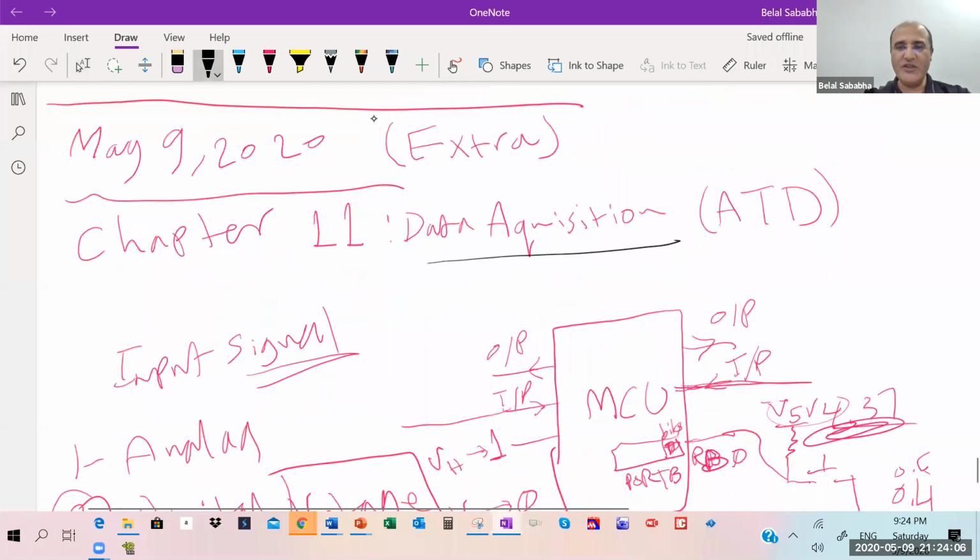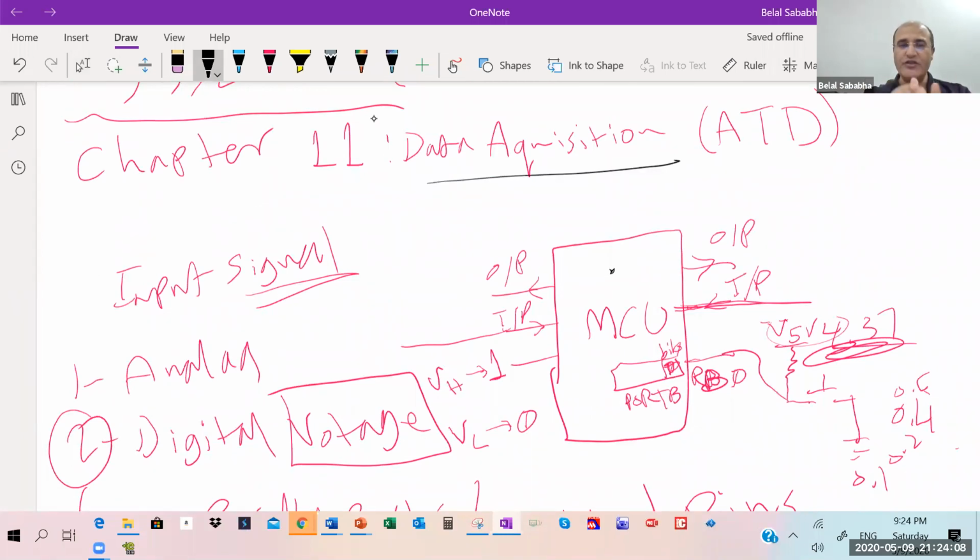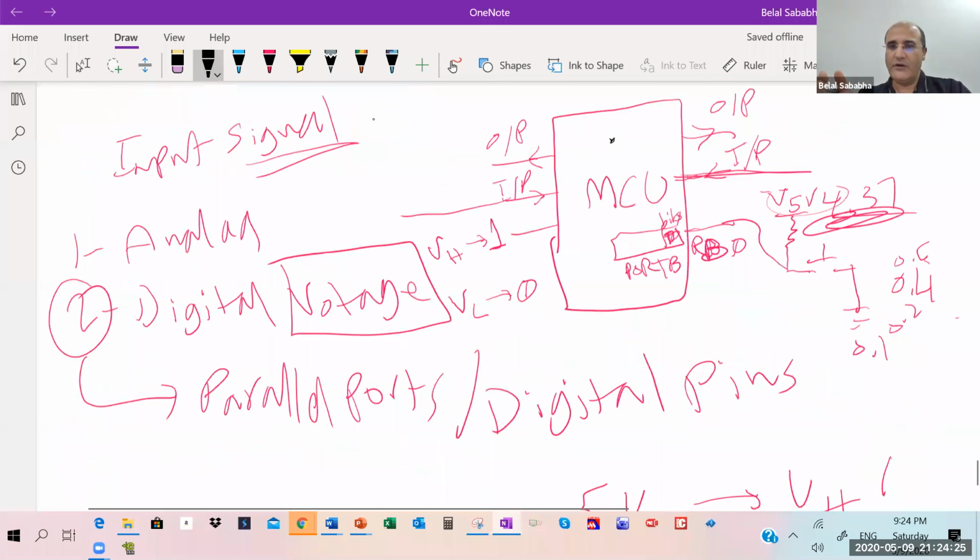And the MCU here needs to translate a voltage coming from a sensor that represents a physical value, temperature, into a number. This number will have a meaning then. For example, 0001110 will have a different meaning than 1111111 if it's coming from a temperature sensor.